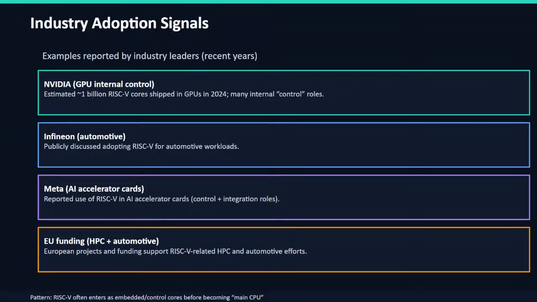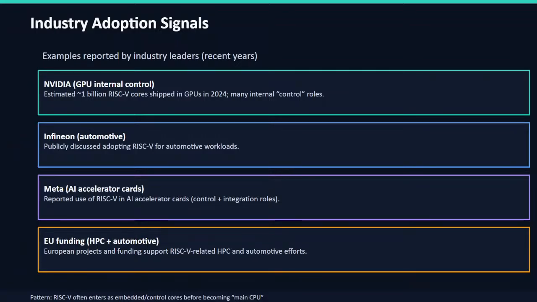In automotive, Infineon has publicly discussed adoption of RISC-V, largely because cost pressure is intense and the architecture is flexible. And Meta has been reported using RISC-V in AI accelerator cards.